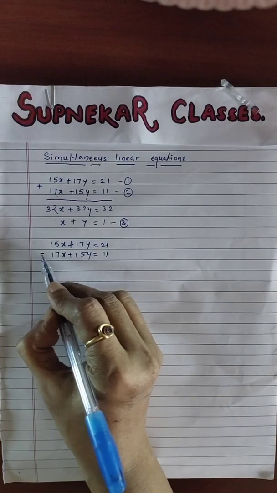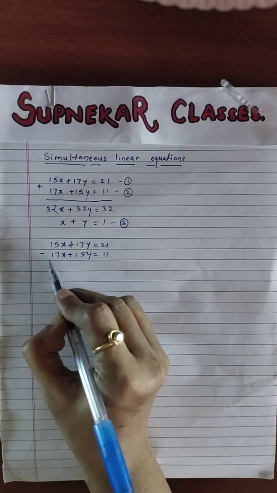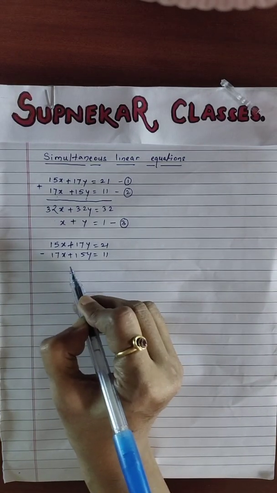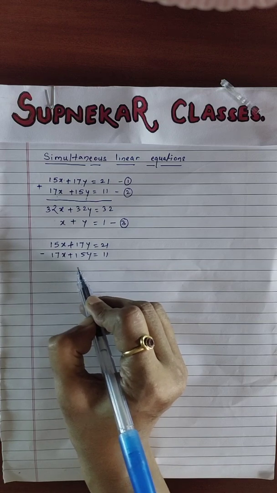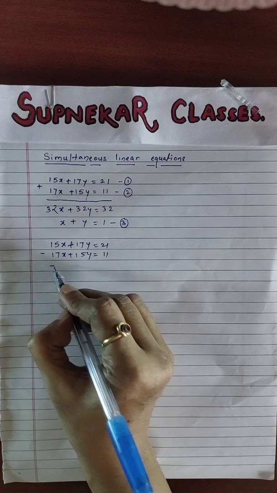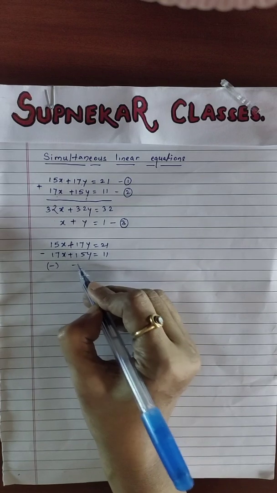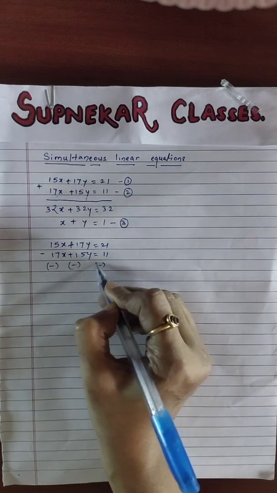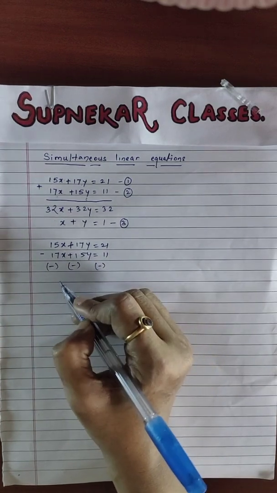As I have put a negative sign, I will have to change the sign of all the terms in the second equation. Here it will become minus 17, minus 15 and minus 11. Okay, you have changed the signs.